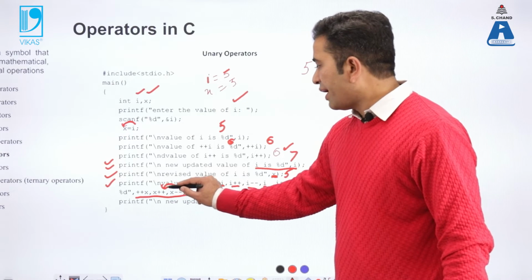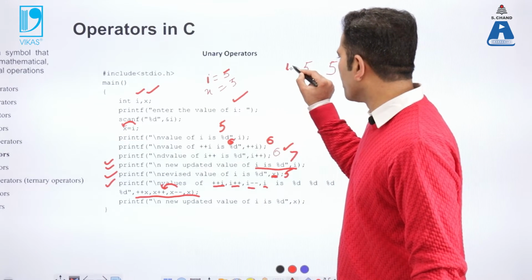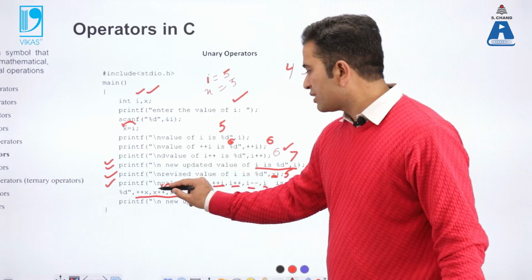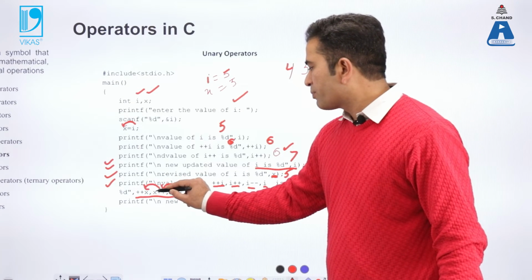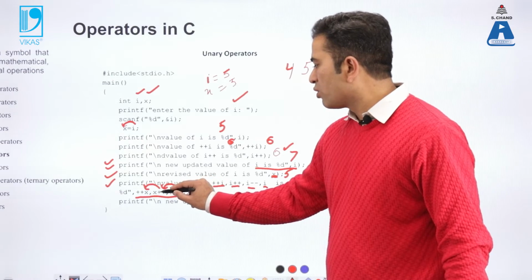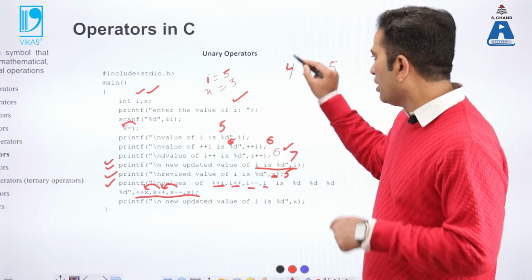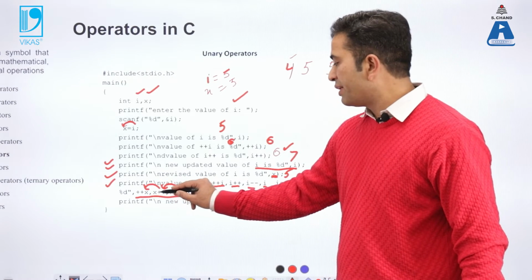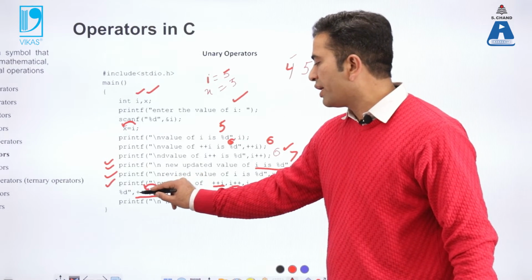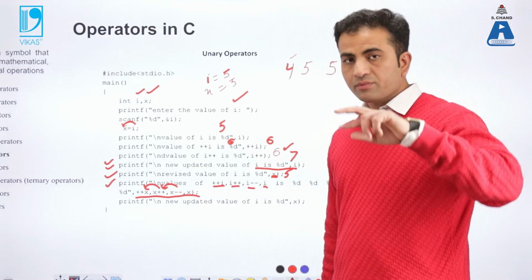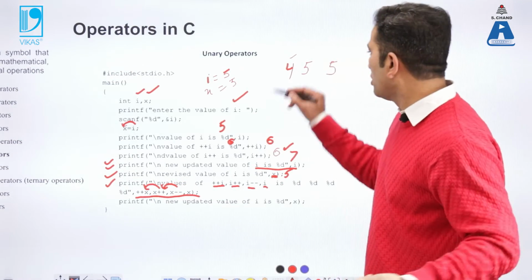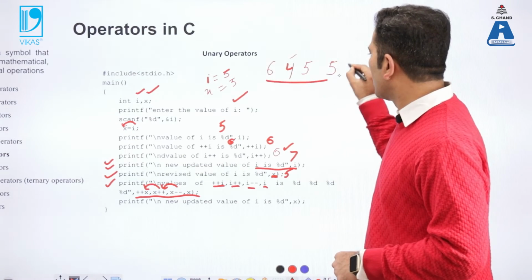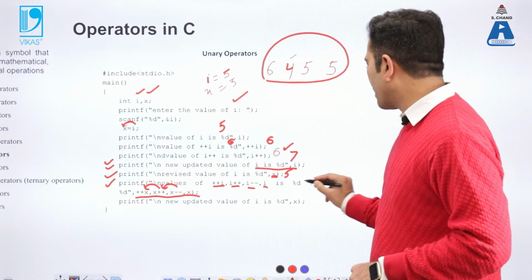So here the x++ is 4. Now this statement goes here, x++, from here the value 4 goes and it has printed here. The decremented value goes to this statement, the value is 5, so 5 will go here, and here ++x, first it increases and then prints. So 5 was there, my output will be 6. So this is the output of this particular statement.